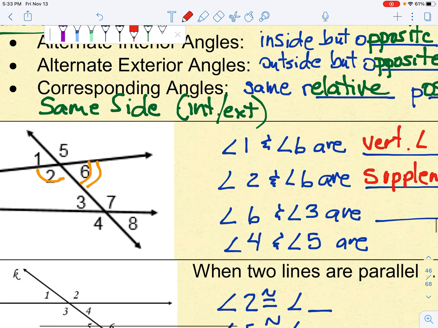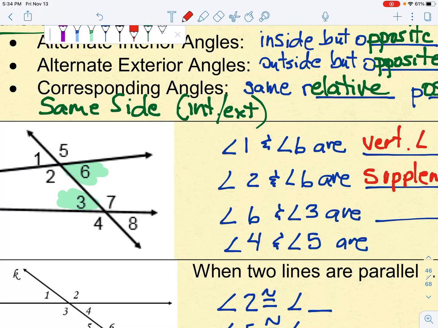But angles 6 and 3, let's highlight those 2. So here's 6, here's 3. Notice they don't share a vertex any longer, right? They're in different neighborhoods. If you think about this is a neighborhood and this is a neighborhood, right? So what we can do is we call angles 6 and 3, they're on the inside of the 2 lines, but they're opposite the transversal, right?